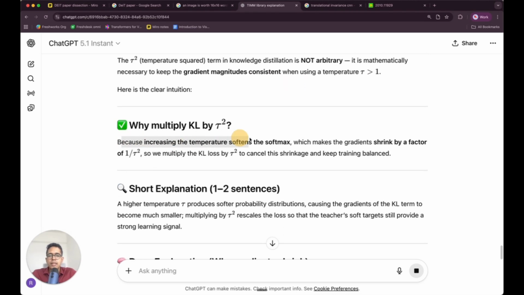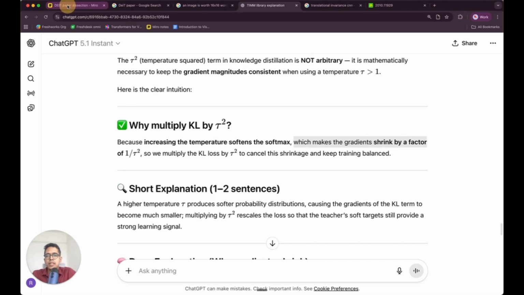Why do you multiply it by T square? Because increasing the temperature softens the softmax, makes sense, which makes the gradient shrink by a factor of 1 by T square. So basically, when you divide inside the softmax by T, the gradient of that softmax term will shrink by a factor of 1 by T square, or 1 by tau square. So to normalize this, you are multiplying by tau square.